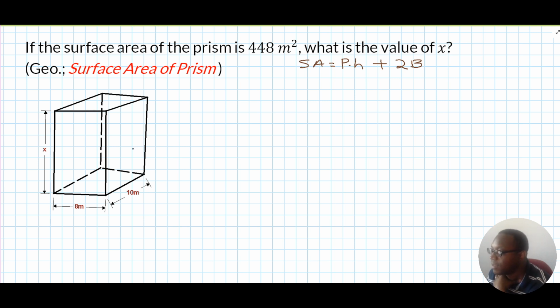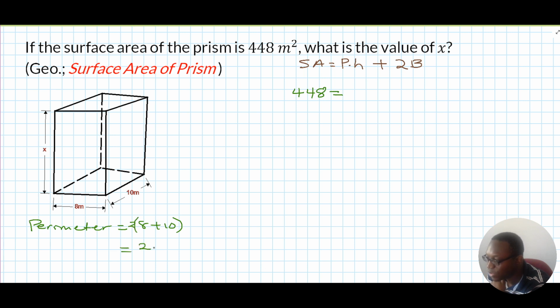We have the surface area of the prism is 448. Let me use a different color. So we have 448. The perimeter of the base is going to be 8 plus 10 multiplied by 2 because it's a rectangle.